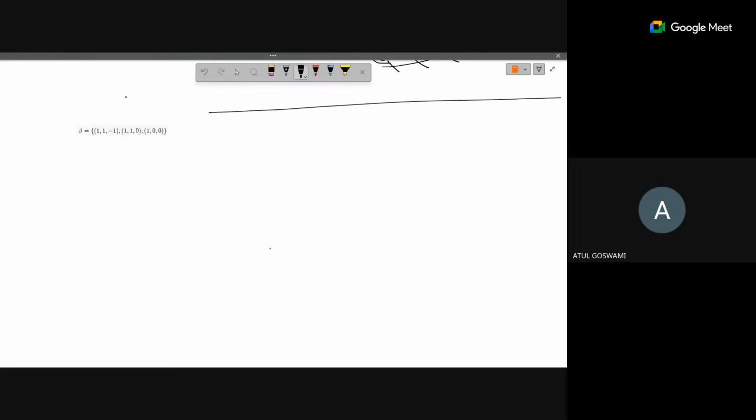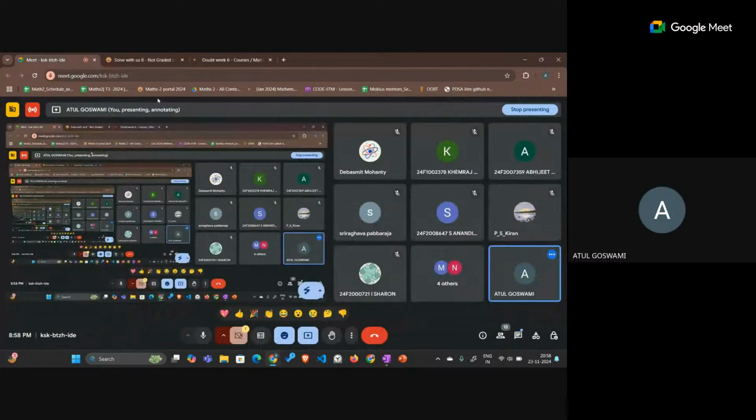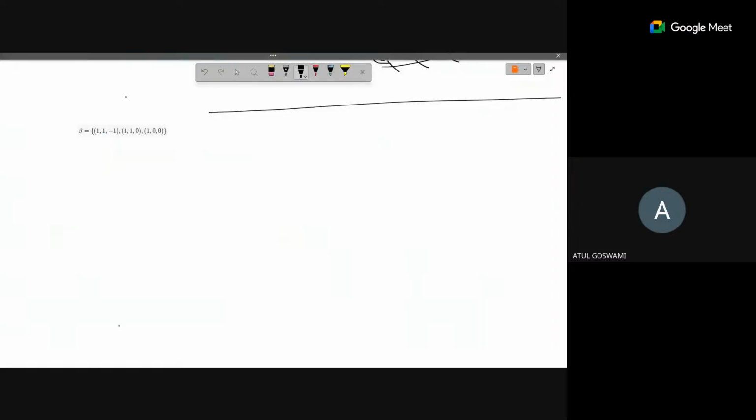Okay, so I'm just solving one more question on the Gram-Schmidt process. How do we solve this? We take the first vector, call it v1, (1, 1, -1), and divide v1 by its norm, root 3, and we get w1.